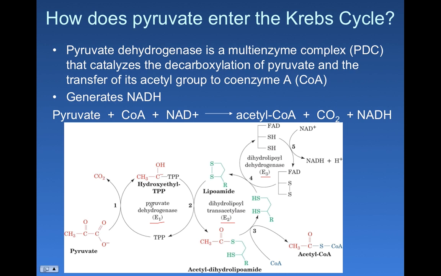As enzyme 1 does its job, the products can be immediately placed at enzyme 2, which the products can be immediately put onto enzyme 3. And so we think of the formation of this multi-subunit complex as allowing for the products of one enzymatic action to be sort of handed directly to the next enzyme and to the next enzyme. And that's a more efficient process.